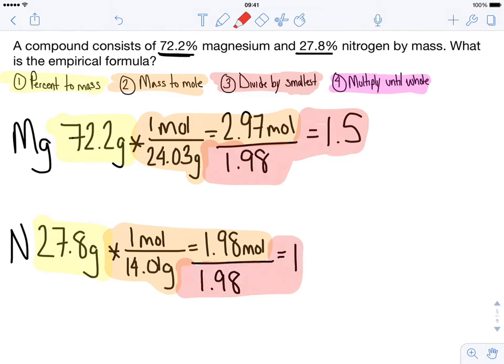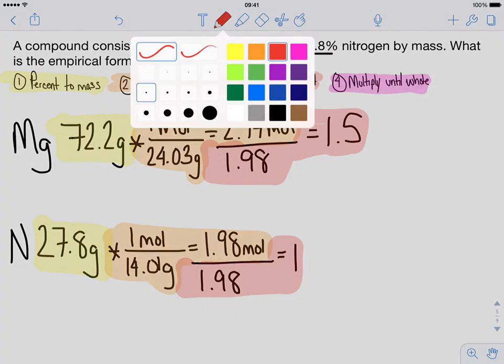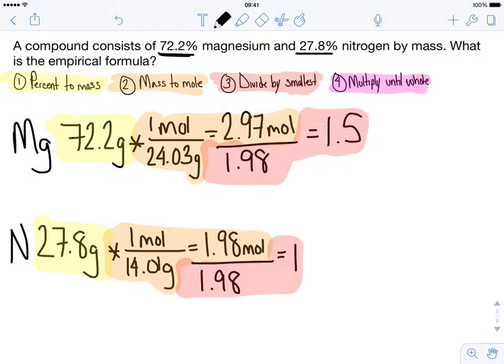Now, step 4, multiply until whole. In this example, I need to do that because I have a 1.5 right here, which is not a whole number. Now, if we did this calculation and it was 1.9, I can round that to 2. Or if it was like 1.1, we can round that down to 1. But because it's right in the middle, it's 0.5, we cannot round it.